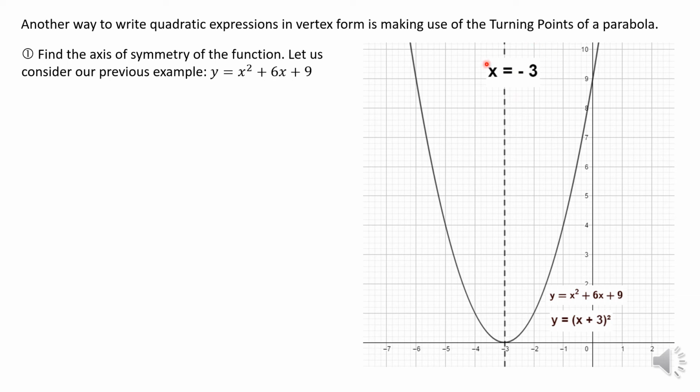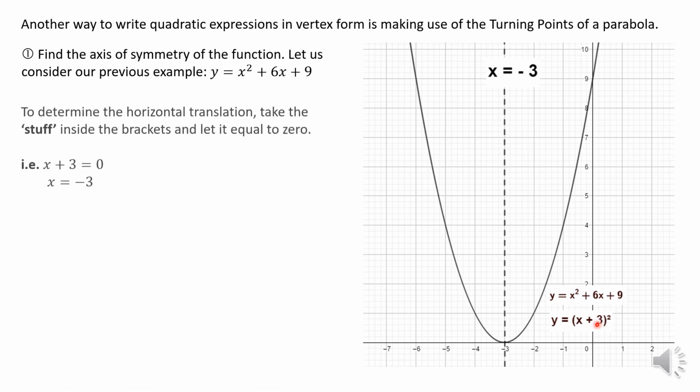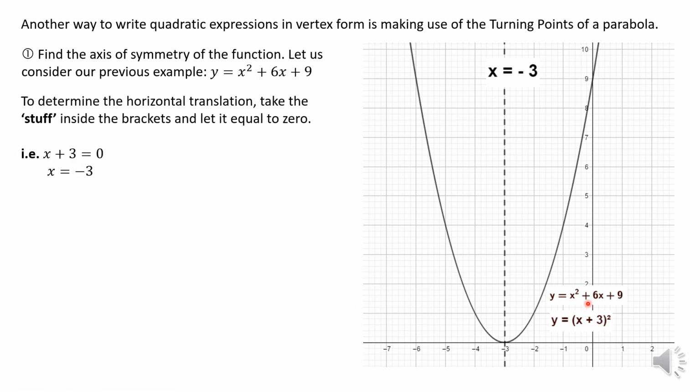We can actually find that line by looking at the stuff inside here. Once you take that x plus 3 and equate it to 0, the stuff that is inside here, you realize we end up with the line of symmetry. Why is this important?